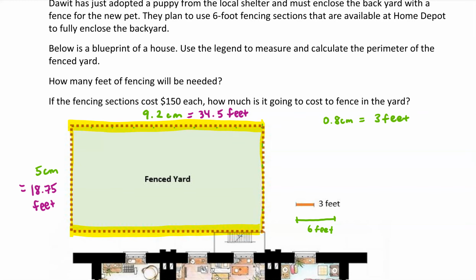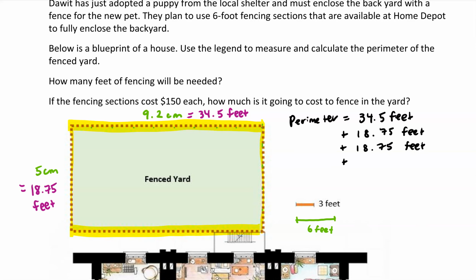So the perimeter is equal to the top length, which is 34.5 feet, plus the left-hand side length, which is 18.75 feet, plus the right-hand side length, and since this is a rectangle, that's also going to be 18.75 feet, plus the bottom length, which is 34.5 feet.